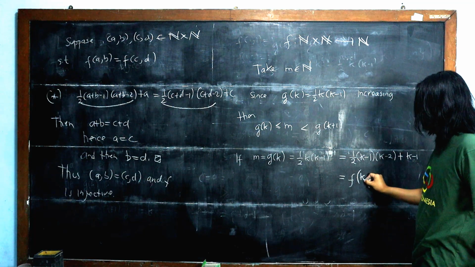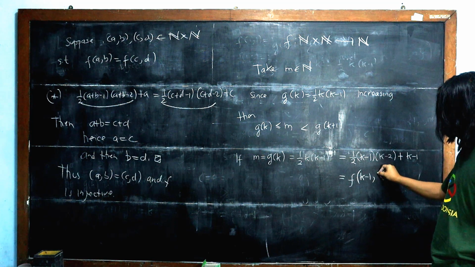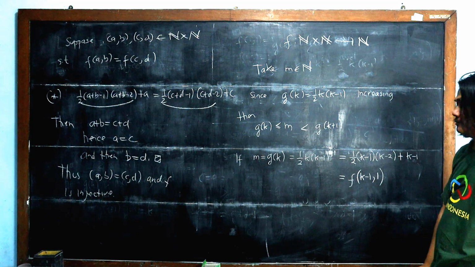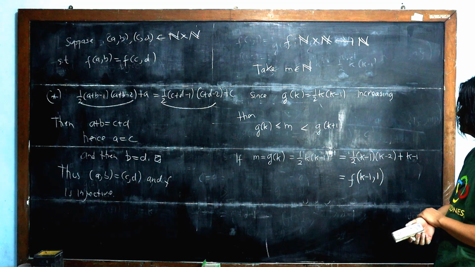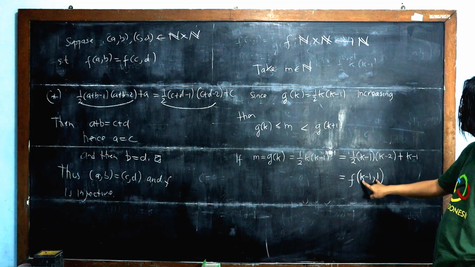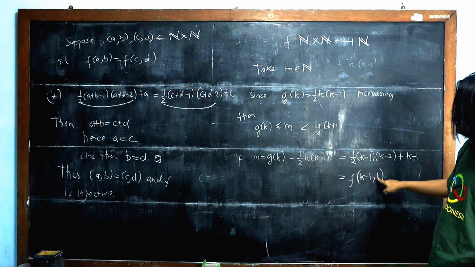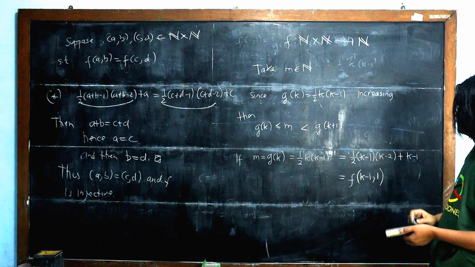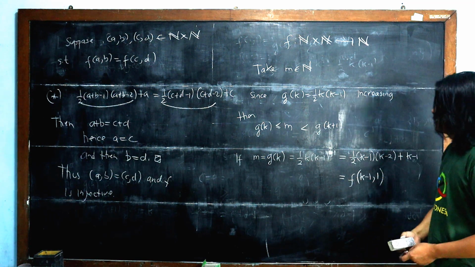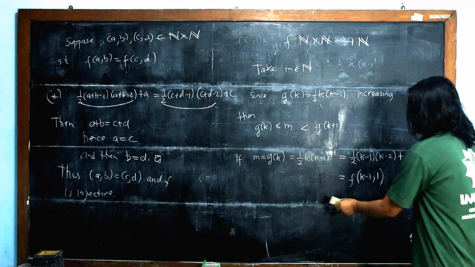So this is f(k minus 1, 1). Right? Okay. We can check that if we take a to be k minus 1 and b equals 1, that's exactly this number. Okay? So it means that m has a preimage, right?